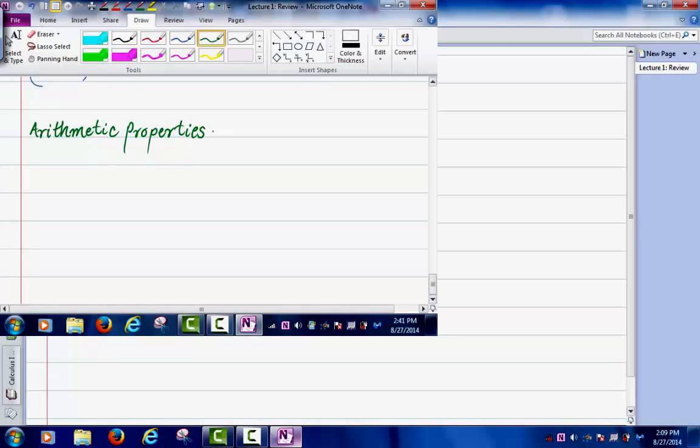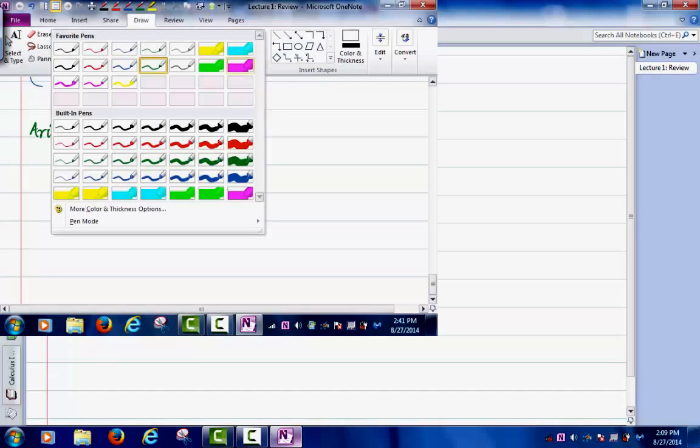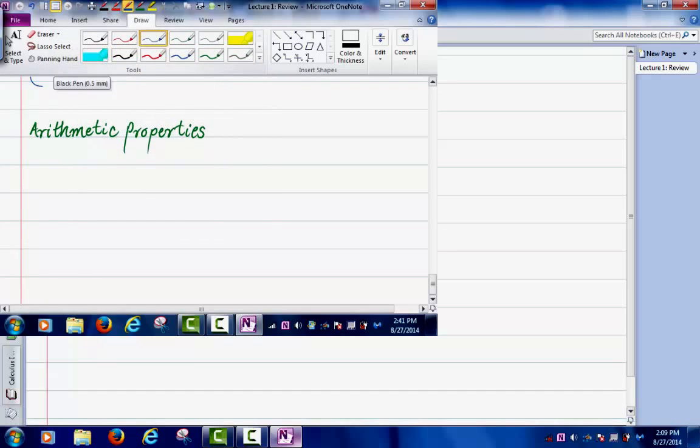Well, the real numbers come with two operations, right? Addition and multiplication. I'm going to denote multiplication by a dot, right? You can add and multiply numbers. And what are their properties?